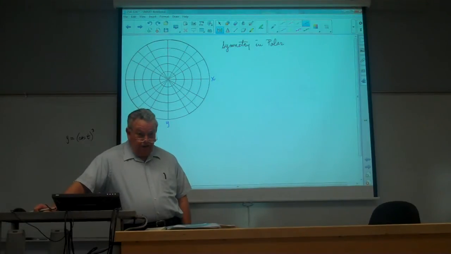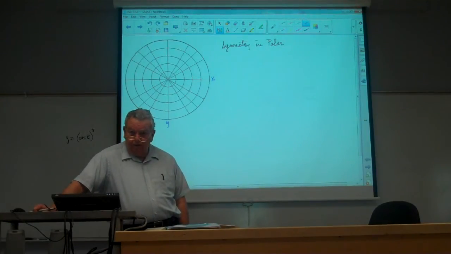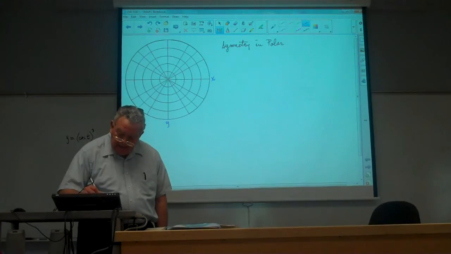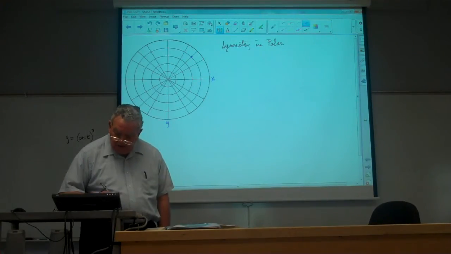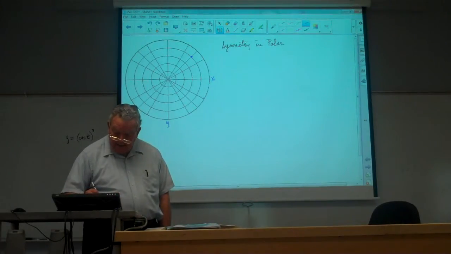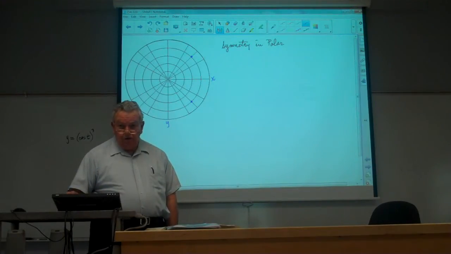X and Y axis still the same as they've always been, right? In order to have symmetry with the x-axis, if I know that this point is on the curve, doesn't that mean that this point has to be on the curve also?